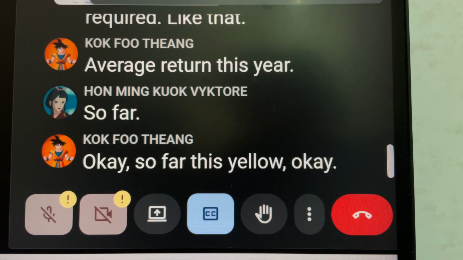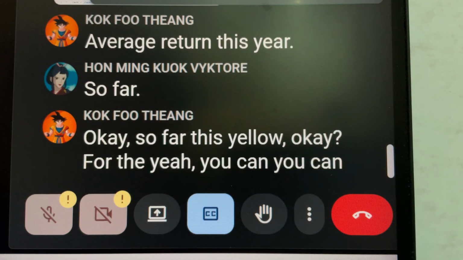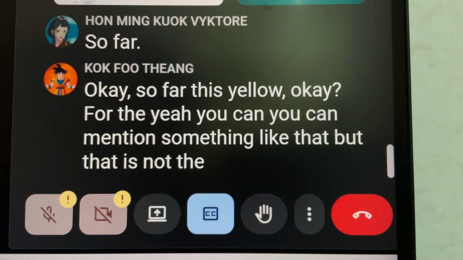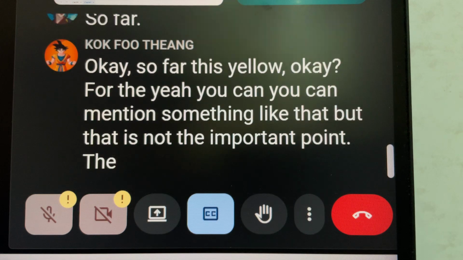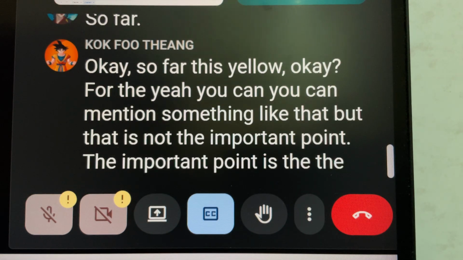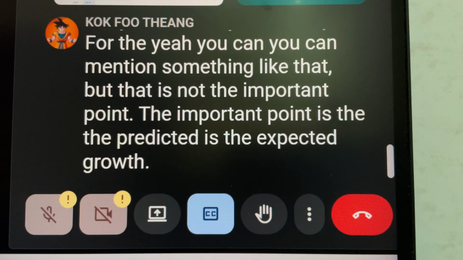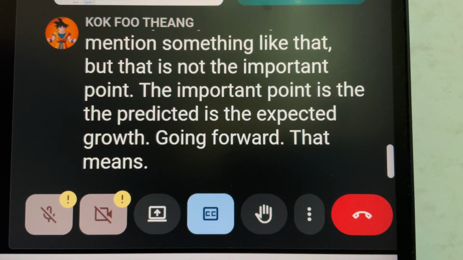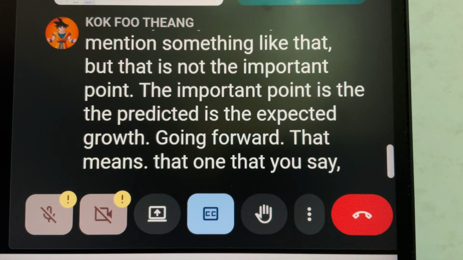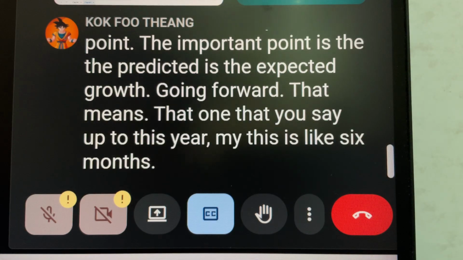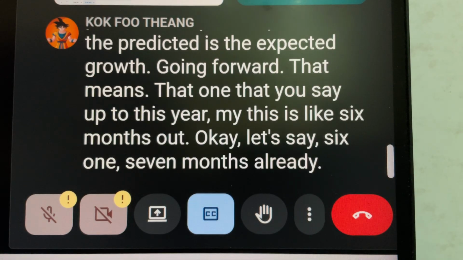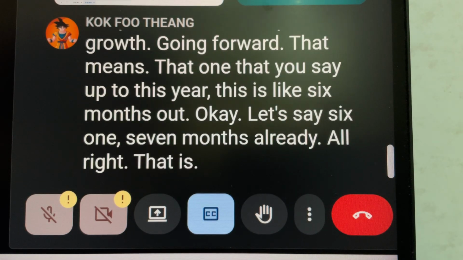Yes. For that you can mention something like that, but that is not the important point. The important point is the expected growth going forward. The period up to this year, this is like 6 months, let's say 6 or 7 months already, that is already over.